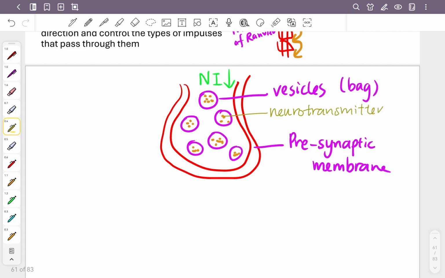Once the nerve impulses reach the presynaptic membrane or the synaptic node, the vesicles will release the neurotransmitter.